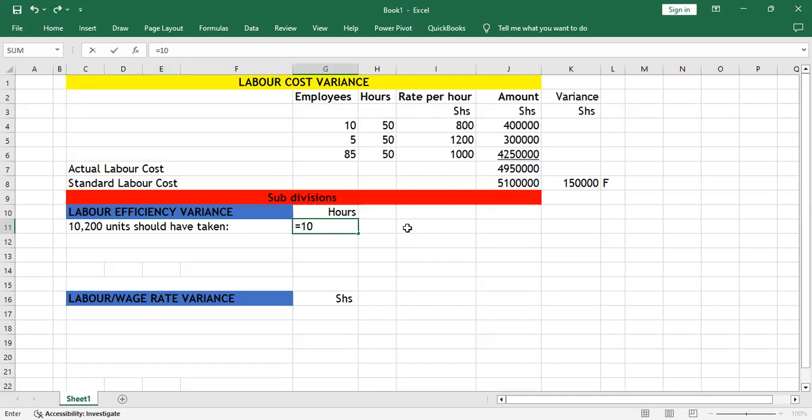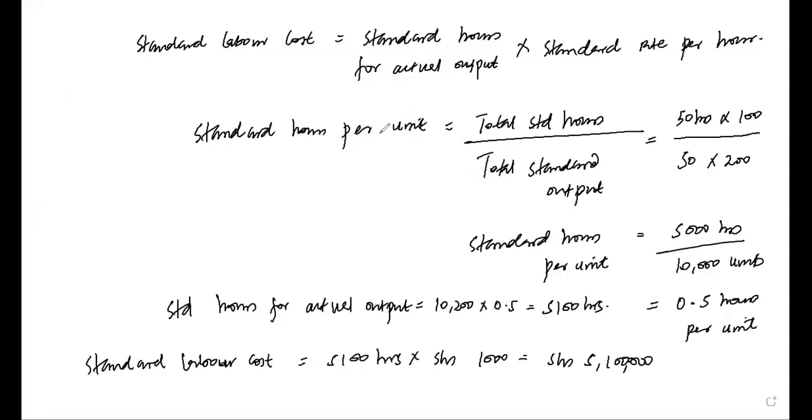We know that we are producing 10,200 units, and we have seen from our computation that the standard hours per unit is 0.5. So each unit should take 0.5 hours to be produced.